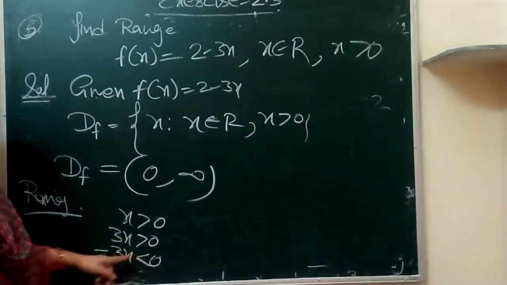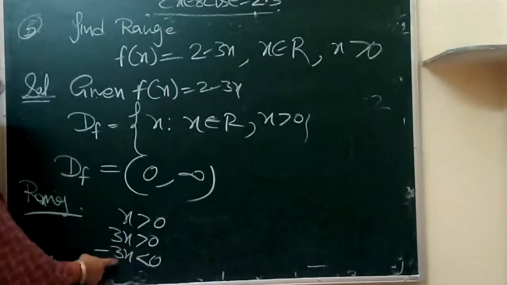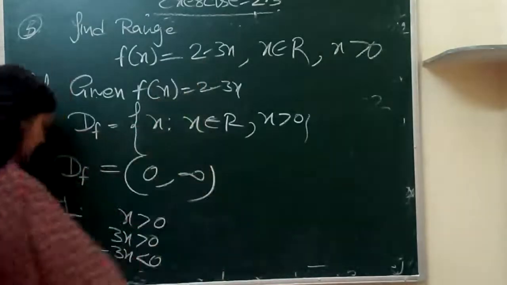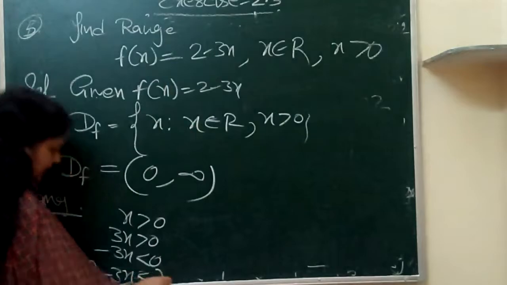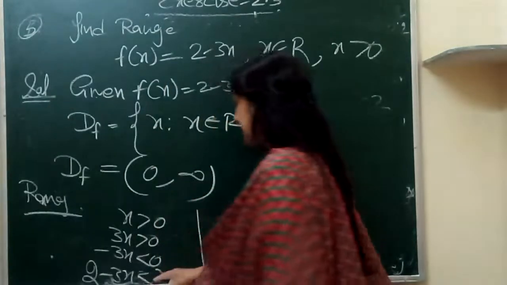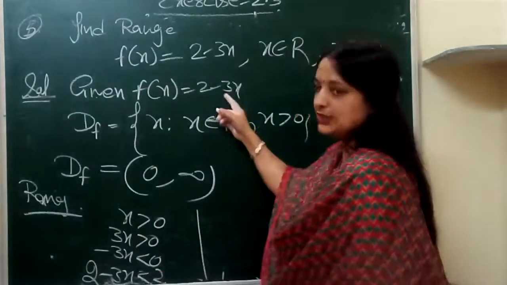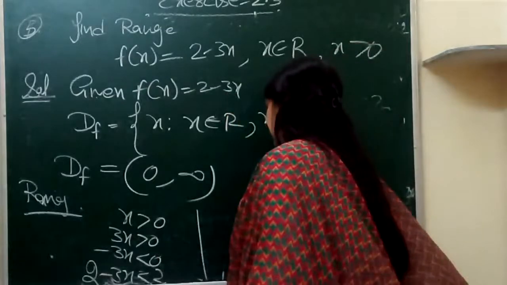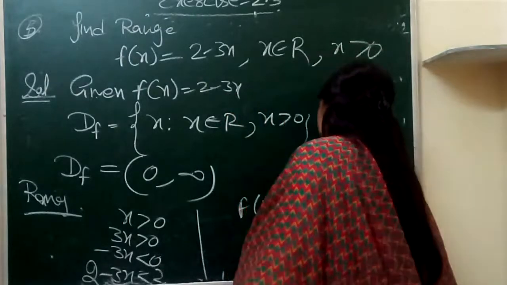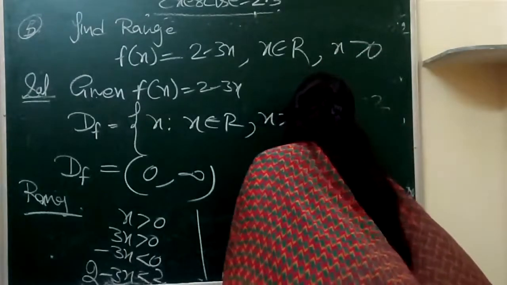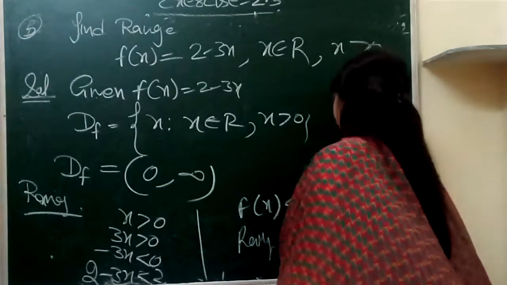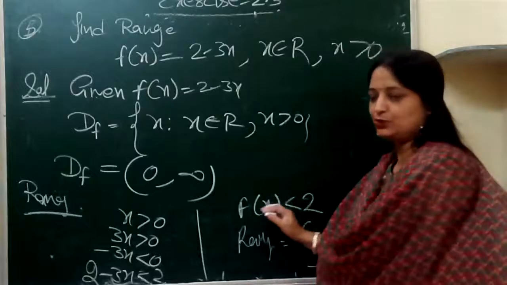So here 2 minus 3x, we add 2 on both sides, so 2 minus 3x is less than 2, and 2 minus 3x is f of x, so f of x is less than 2. So the range is minus infinity to 2. This is the range of this question.